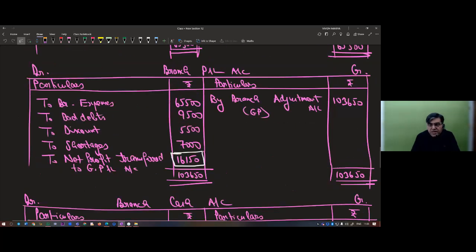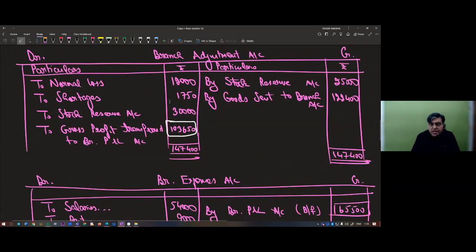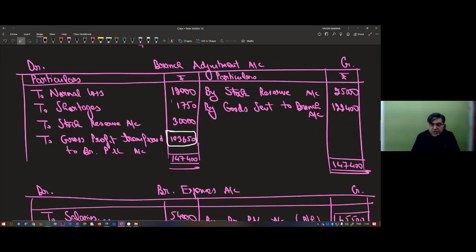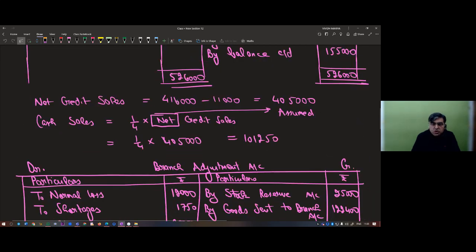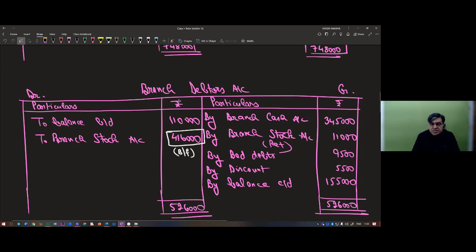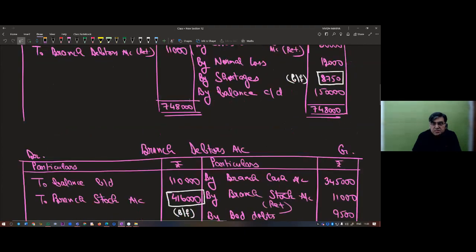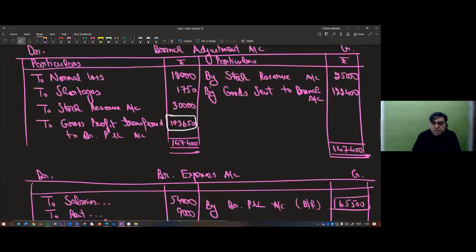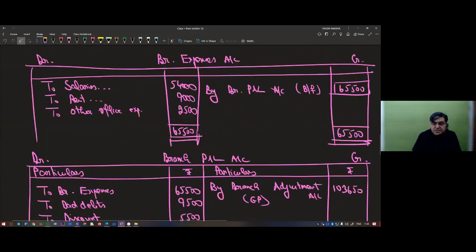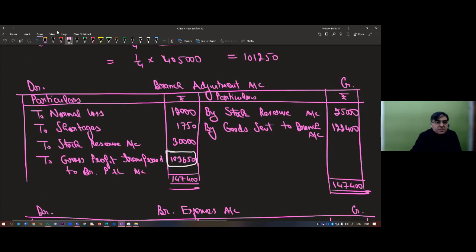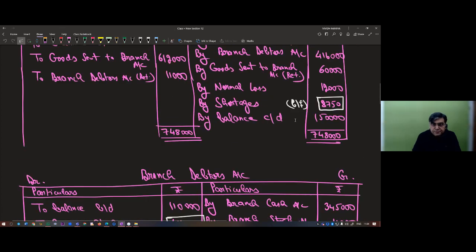Let's change the figure regarding the loading. Loading has to differ. There have been returns. Let's make the revised loading 6,12,000. Then there are returns.